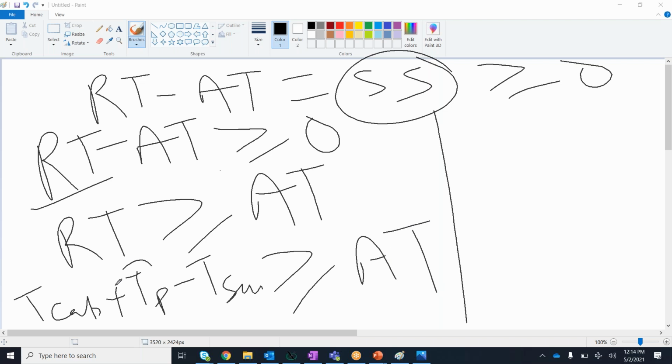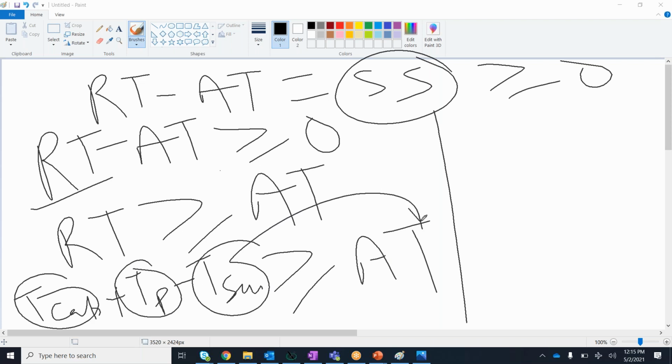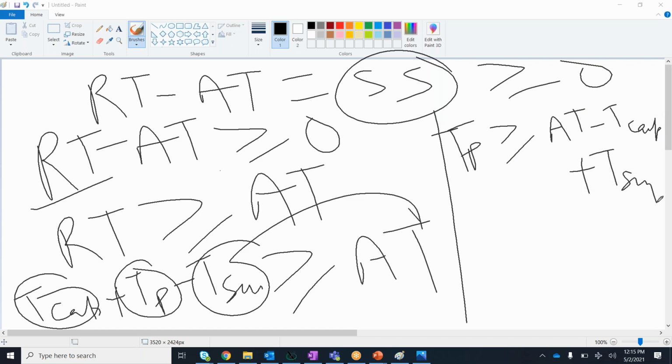Now we are taking TP to this side, sending these two to the other side. Now TP should be greater than or equal to arrival time minus T capture plus T setup. Is it clear now? Yes, sir.